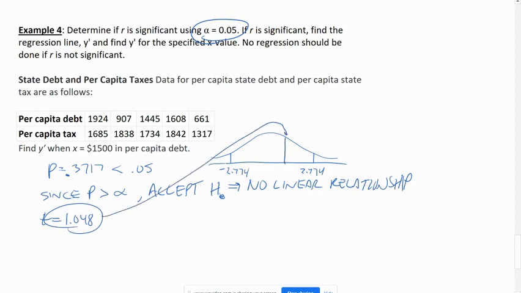It's not in the critical region. It's not in the tails. And so that's why we're going to accept H0 and say there's no linear relationship, or not a significant linear relationship.